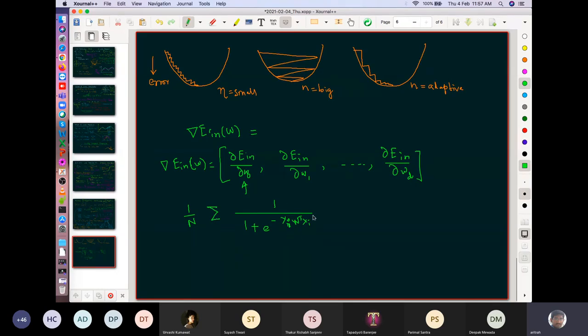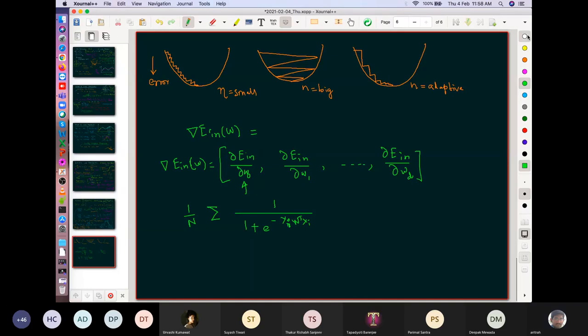Now here, we take a derivative of this term with respect to w0. So when we take a derivative with respect to w0, what will happen to this term, y_i w^T x_i? You will only have y_i0 x_i0.